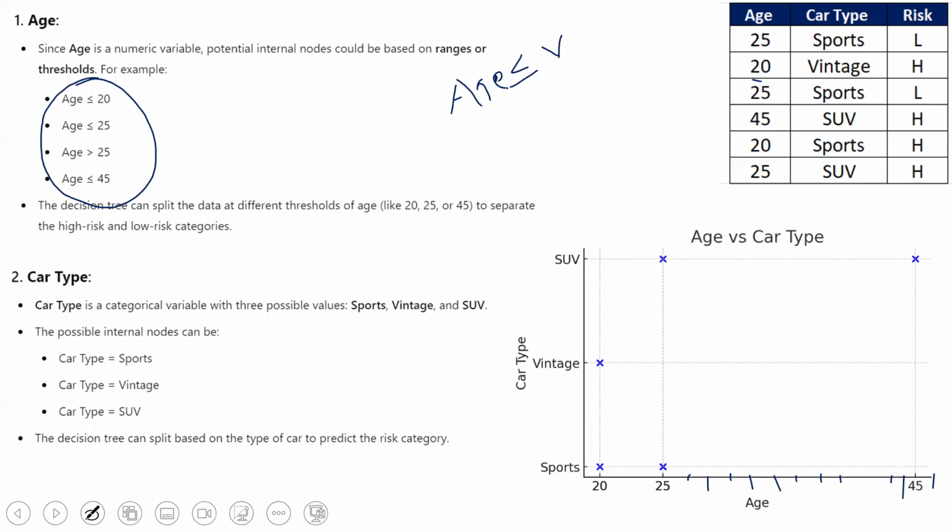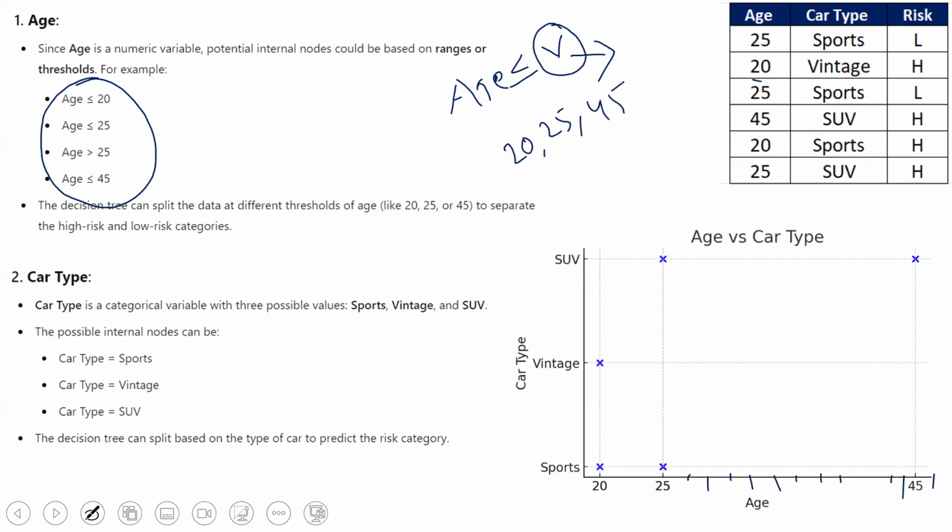But that gives us an infinite set, and we don't want an infinite set. What we try to do here is, if it is a numerical value, we pick only the values that occurred in the data. What are the values that occur in this data? They are 20, 25, 20, 25 and 45.